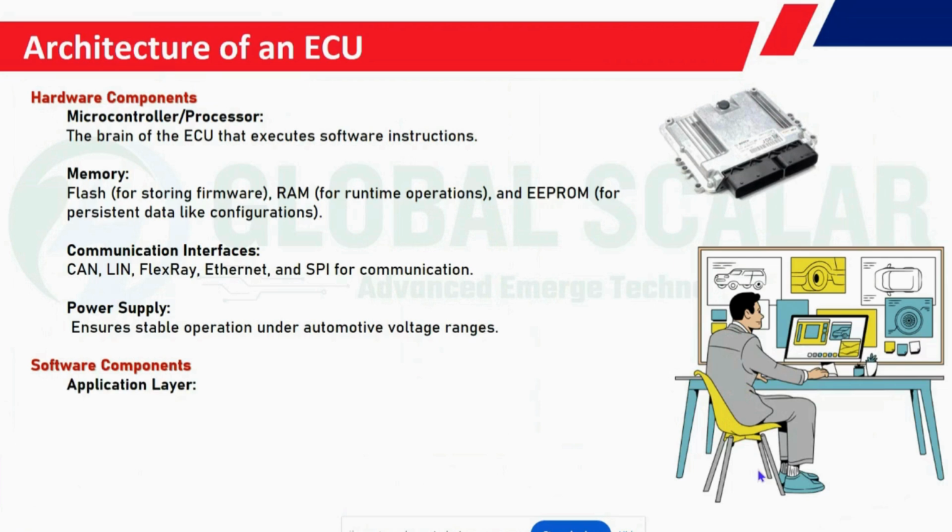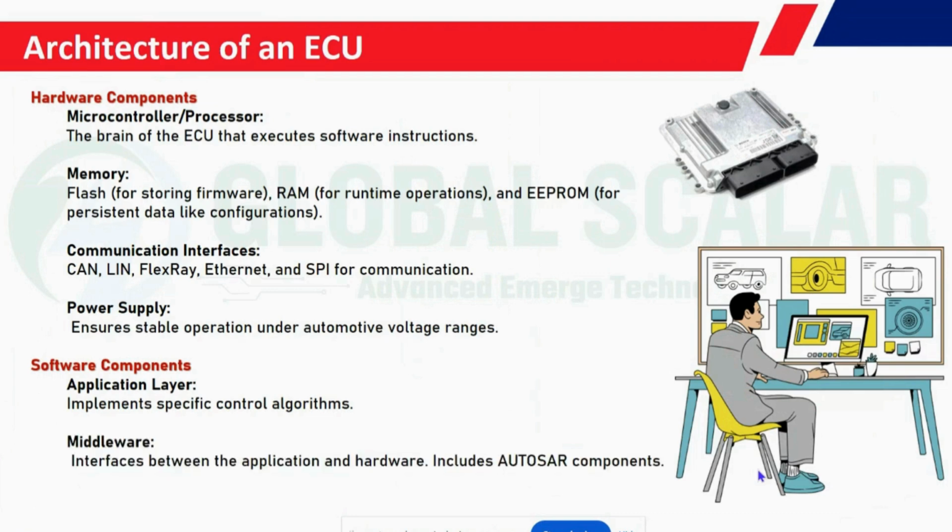And coming to the software components, it has the application layer where the specific algorithms can be written to perform specific functions. And middleware is the interface between the application and the hardware. The main part is the RTE, the runtime environment, which plays a major role between the application and the hardware abstraction layer.